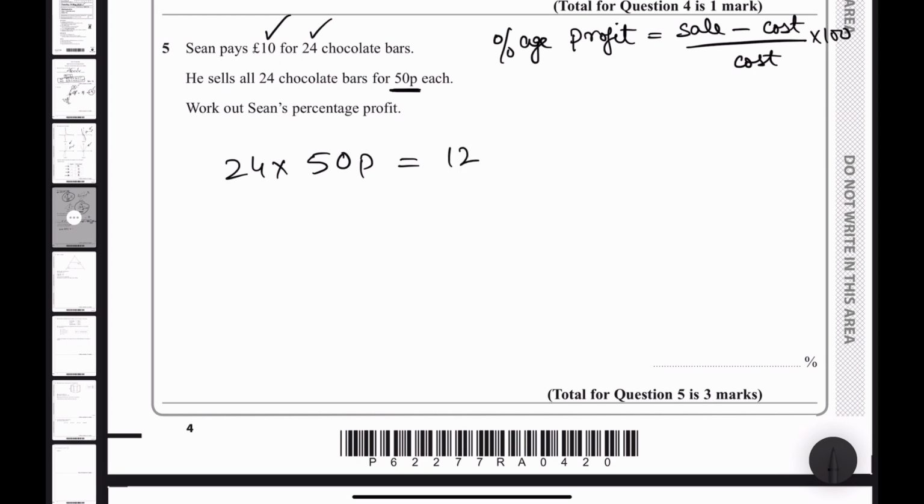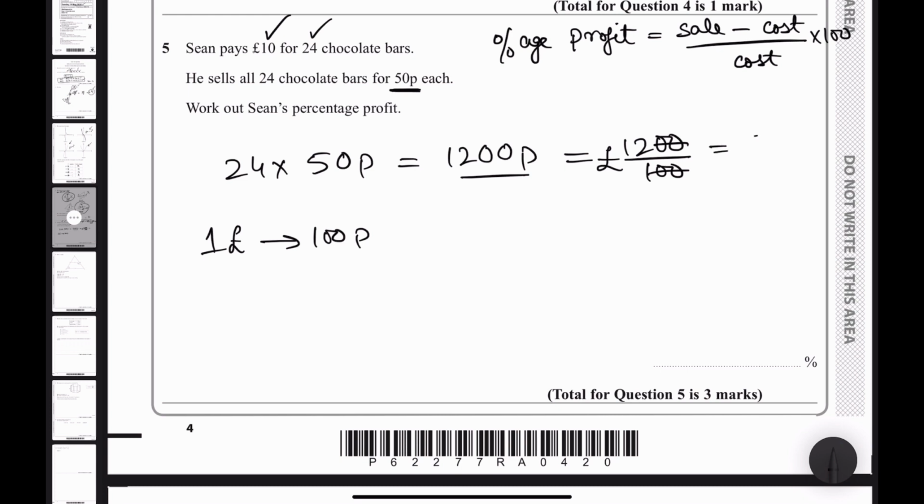So it'll become 1200 pence. So let's convert the pence into pounds. In 1 pound, there are 100 pence. So if you want to go from pence to pounds, we have to divide by 100. So 1200 pence will be equal to 1200 divided by 100 pounds. So it'll become 12 pounds.